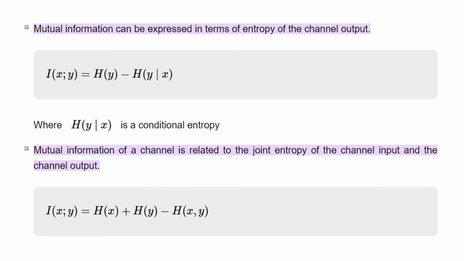It is given by I(x, y) = H(x), the entropy of x, plus H(y), the entropy of y, minus the joint entropy H(x, y). So, in practical application of mutual information in information theory, it plays a major role in determining whether the channel is good or not in order to transmit the information.